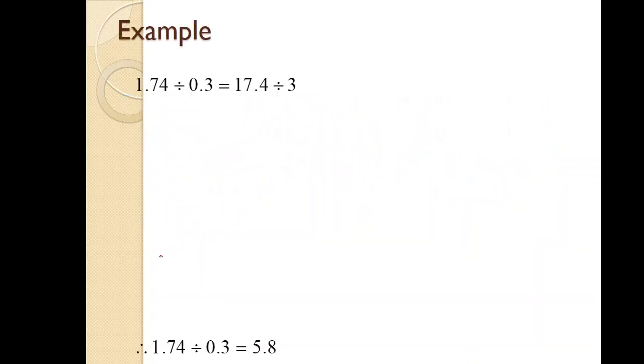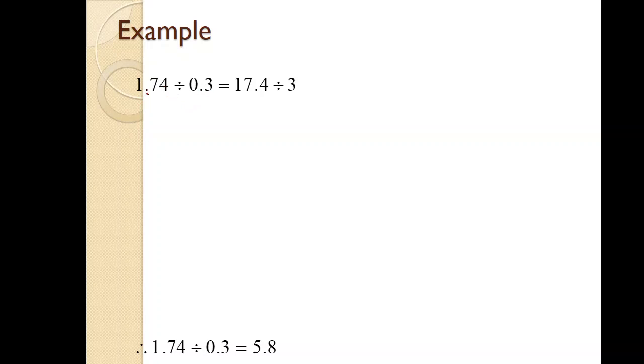Let's look at the example here. We have 1.74 divided by 0.3. But since you can change your problem in such a way that you divide by a whole number, we need to change this 0.3 to a whole number.